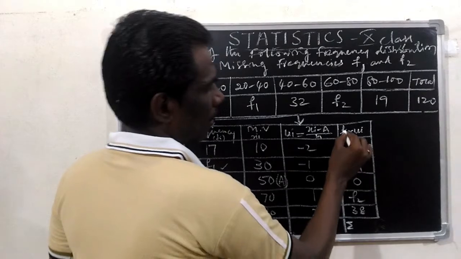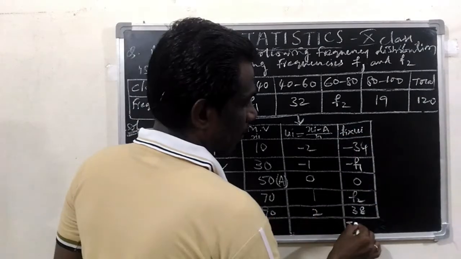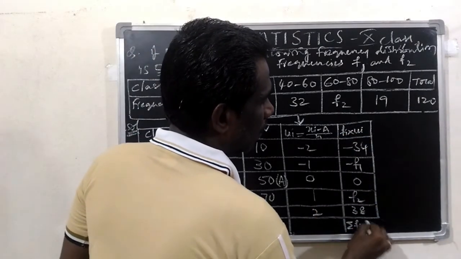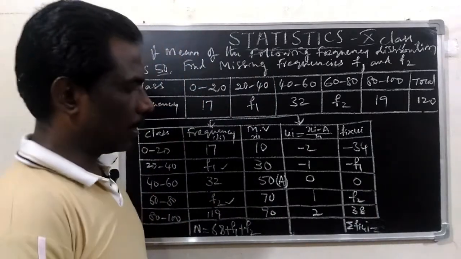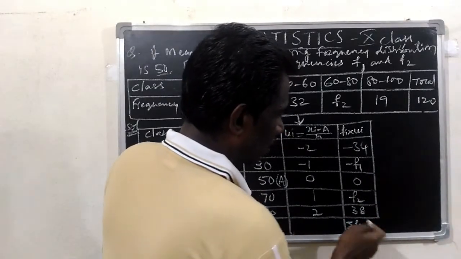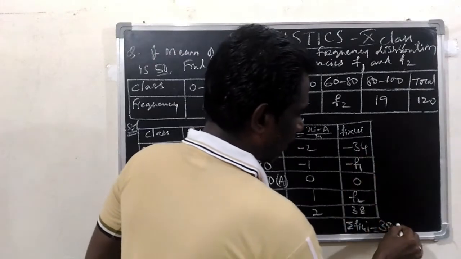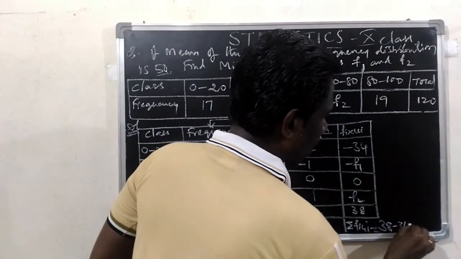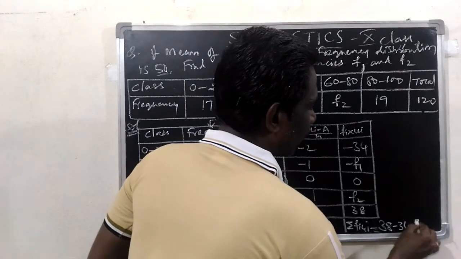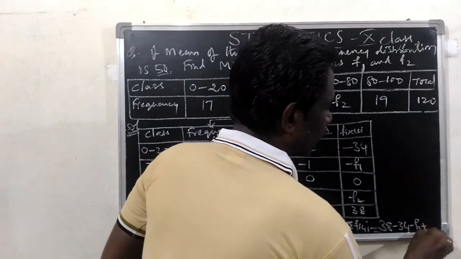Now find the total of fi ui. Sigma fi ui. Here we have one positive value, that is 38, and one negative value, minus 34, and next minus f1 and plus f2.